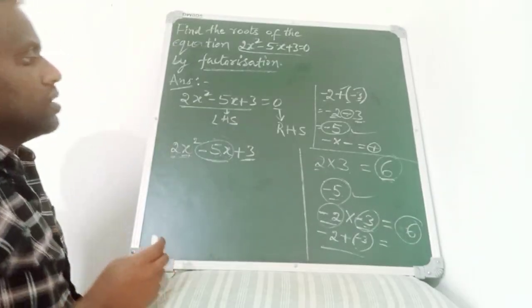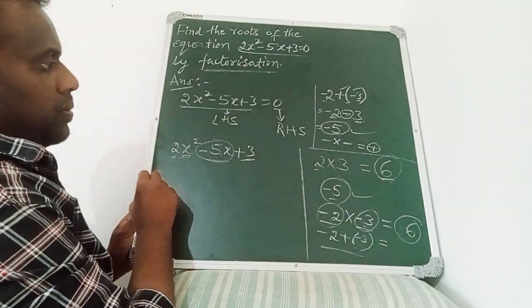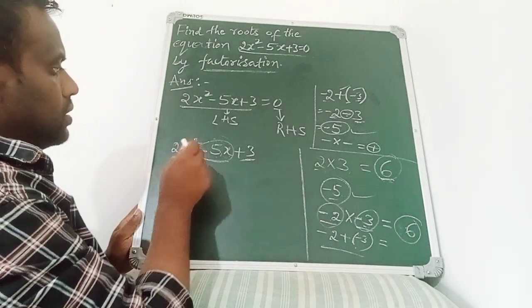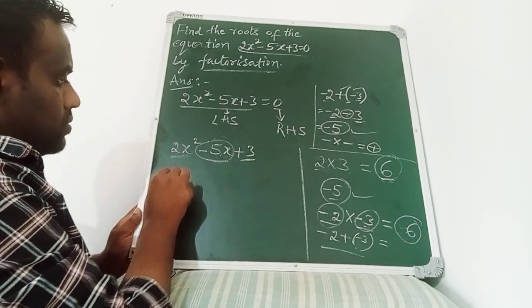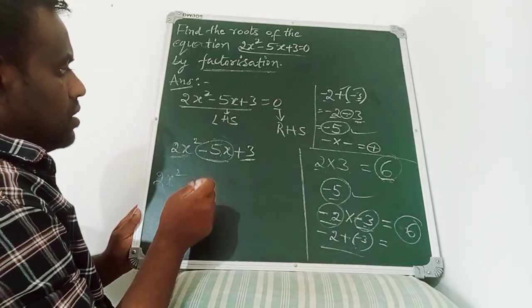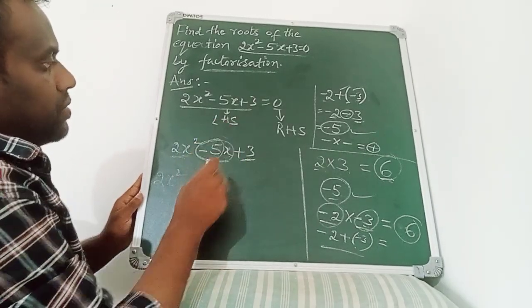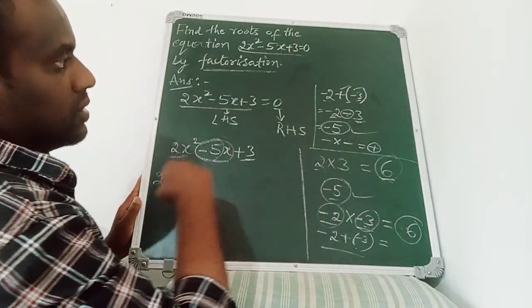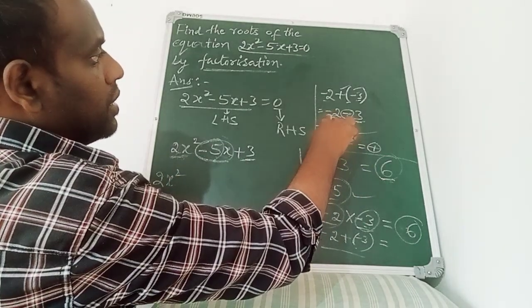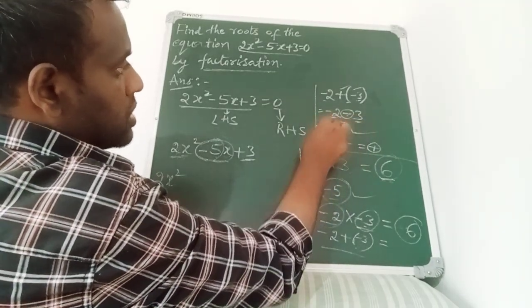So how can we write it? First write this as it is, 2x square. Okay, first consider this minus 5. How can we write minus 5? So minus 2 minus 3, we get minus 5, right?